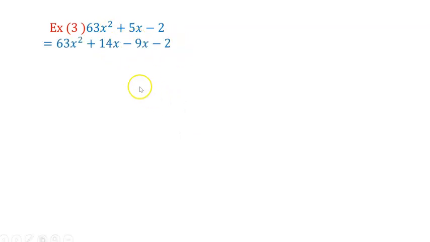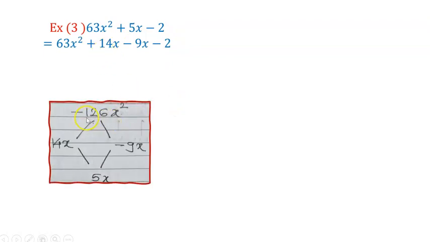Now next, example number 3, 63x square plus 5x minus 2. Again we will find two numbers whose product is the product of the first term and last term. 63x square into minus 2 gives minus 126x square.